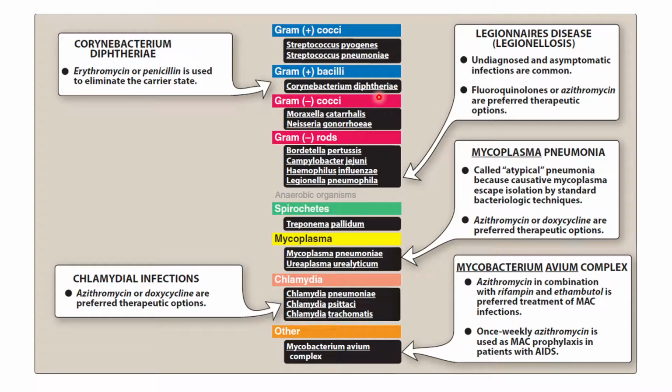Then Corynebacterium diphtheriae, that is a GI disease. Penicillin can also be used for the treatment. Then gram-negative, it also covers Moraxella catarrhalis and Neisseria gonorrhoeae. Neisseria gonorrhoeae is a sexually transmitted disease. Then also gram-negative rods include Bordetella pertussis, Campylobacter jejuni, Haemophilus influenzae, and Legionella pneumophila.